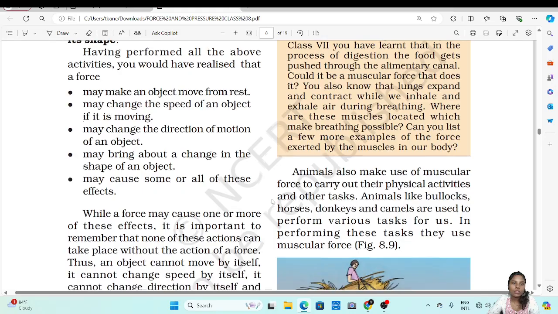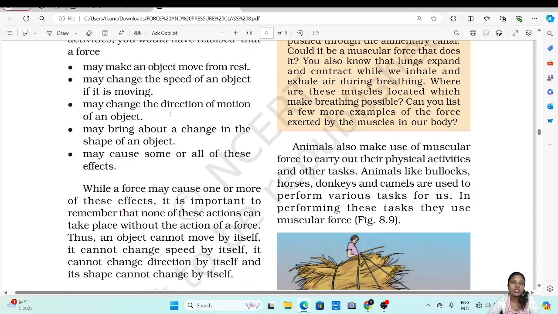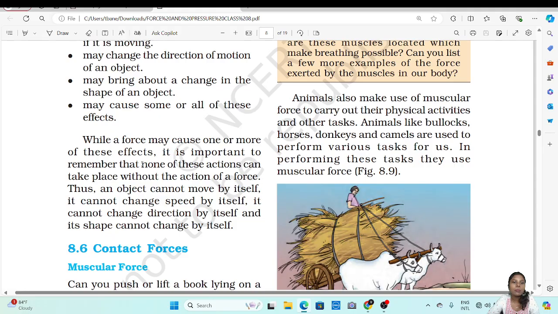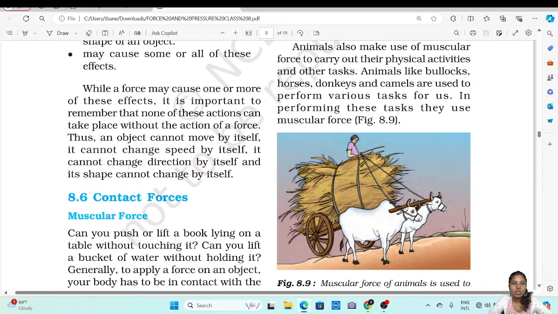Having performed all of these activities, you may have realized that force may make an object move from rest, may change the speed of an object, may change the direction of motion of an object, may bring about a change in the shape of an object, and it may also cause some or all of these above effects. So while a force may cause one or more of these effects, it is important to remember that none of these actions can take place without the action of a force.